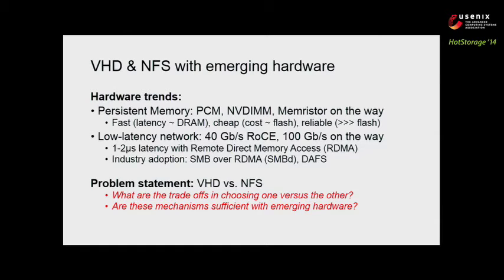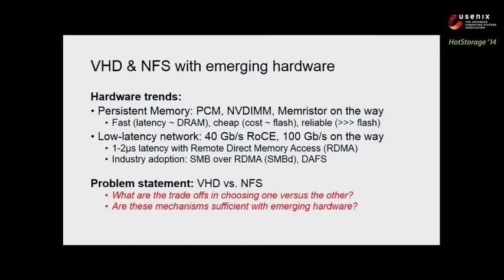And the promise made by these technologies is that they will provide very low latency storage. So they advocate latencies in the order of magnitude of what DRAM proposes. They promise to be cheap with a cost comparable to what flash costs today, but with a greater reliability than flash.